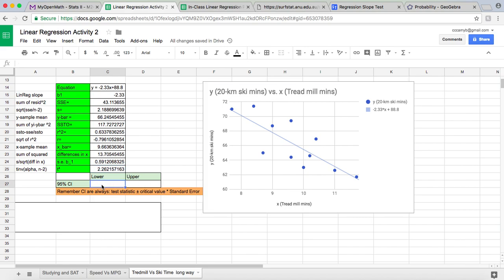We're going to build the lower one. So this is equal to, and to build the lower one, it's minus. So our test statistic, what are we building the interval around? It's around the slope. Remember, we're trying to figure out what is the actual slope of this line, because the slope of the line tells us how they're related. That's what we're curious about, not where I am when I have 0 for X. That's not that interesting.